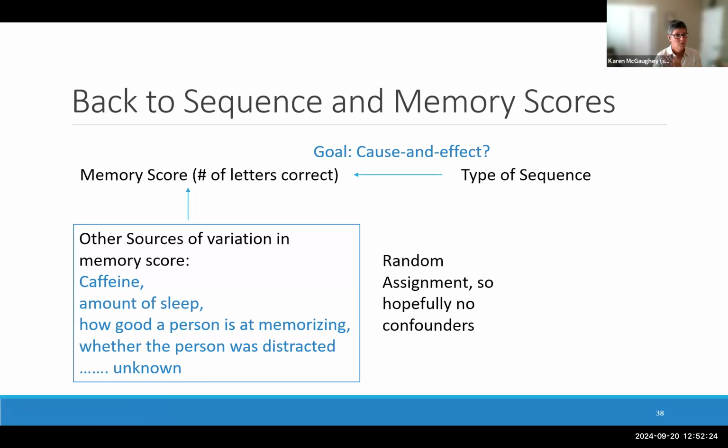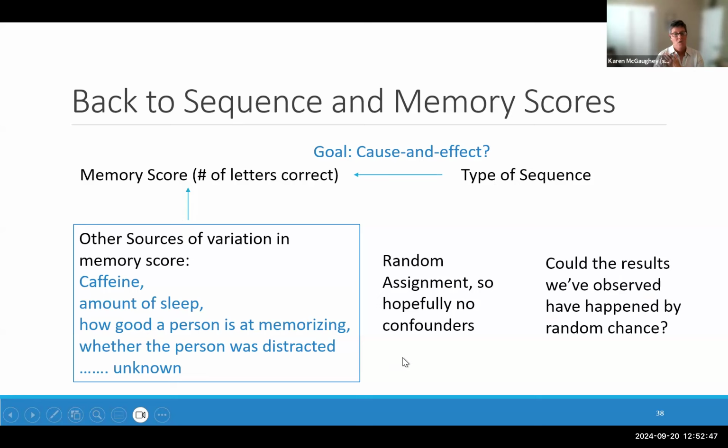That's not the case, right? Those things, caffeine, amount of sleep, how good a person is at memorizing, they're still going to cause variation in memory score. It's just that we've dealt with this relationship over here with random assignment. And so that's keeping these things from becoming confounders, right?